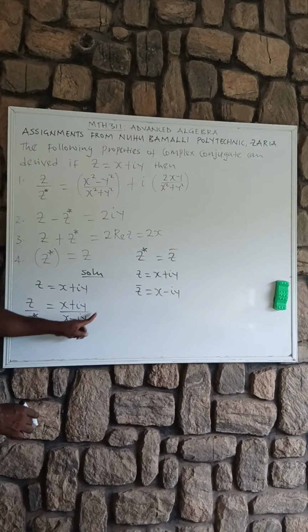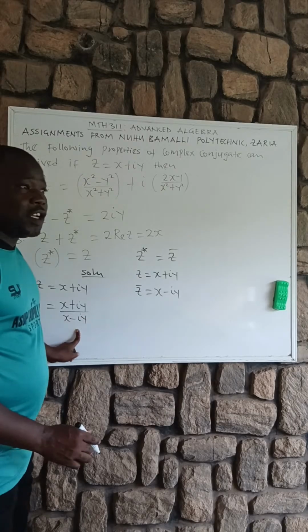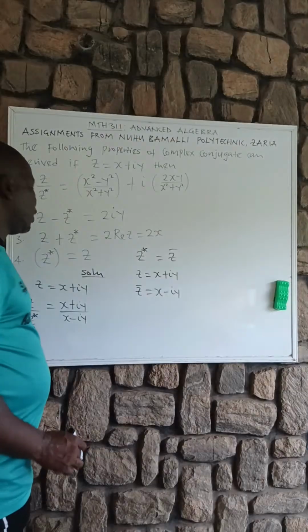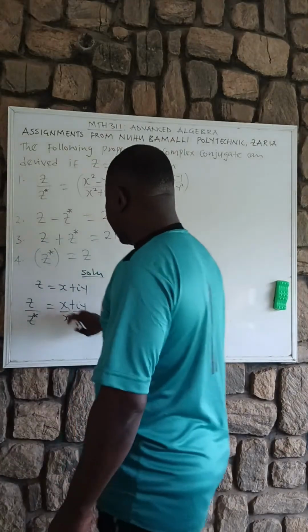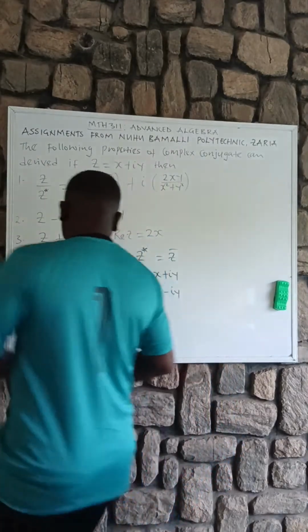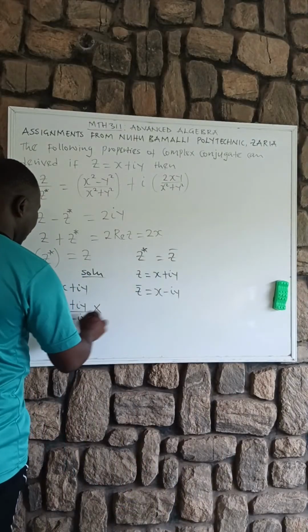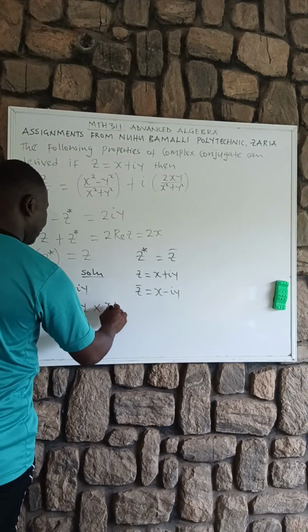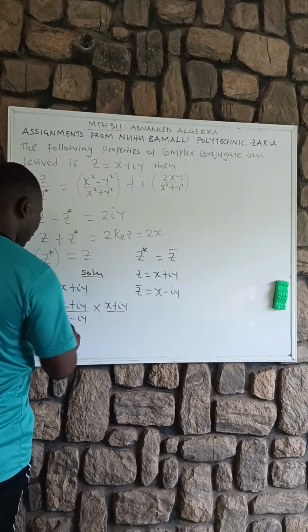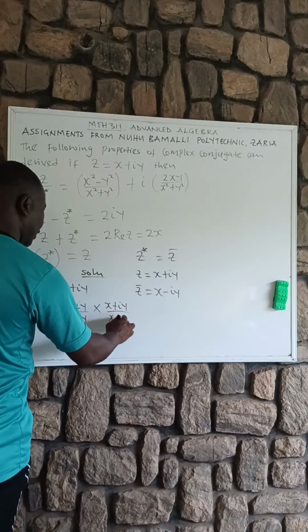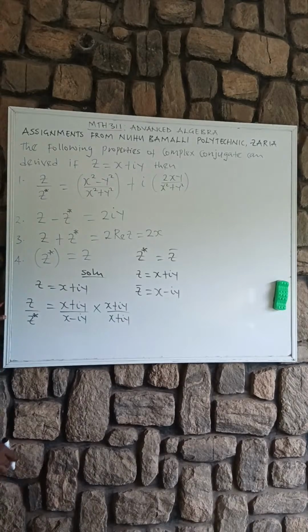So at this point, we go back to our elementary mathematics. It means we are going to conjugate this. So to conjugate this, it means this will now be x plus iy all over x minus iy. That's the meaning of conjugate.